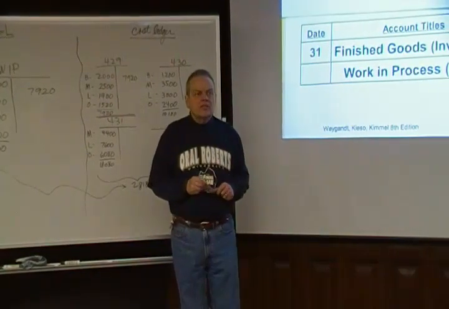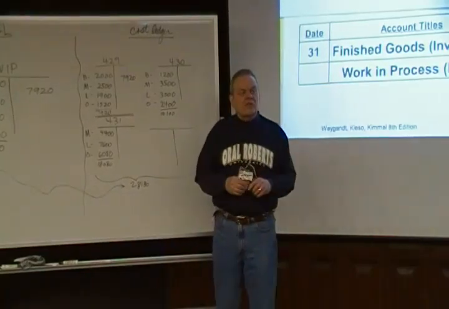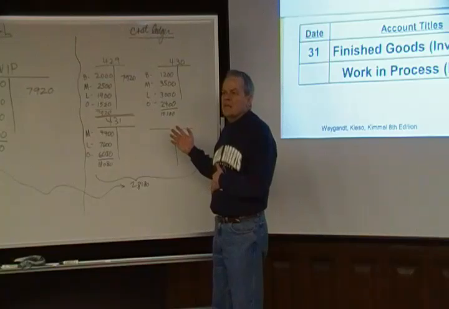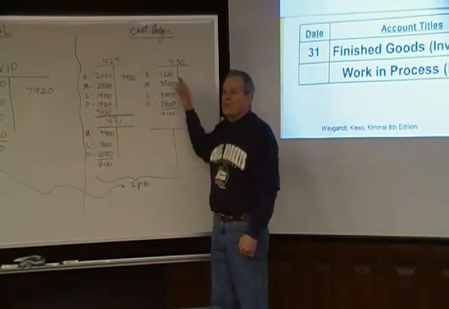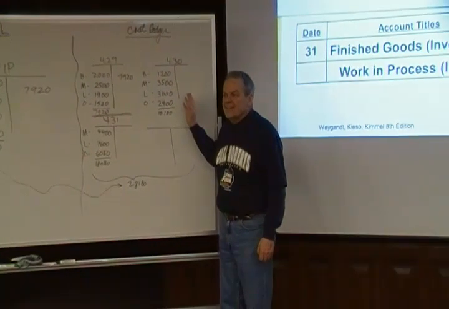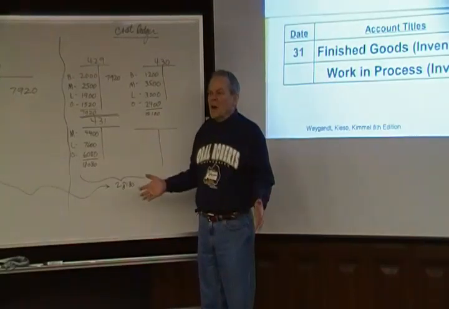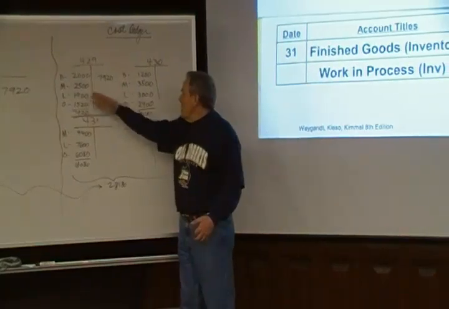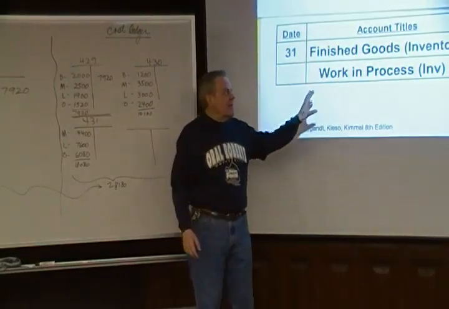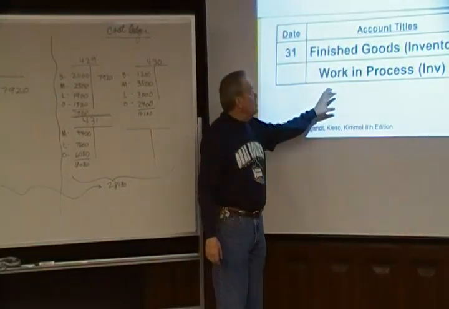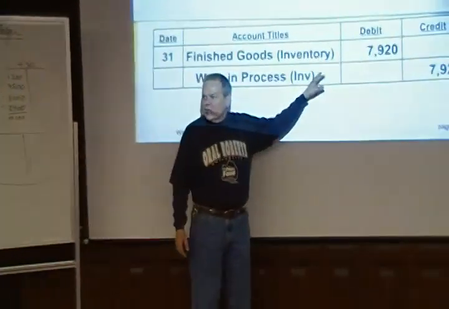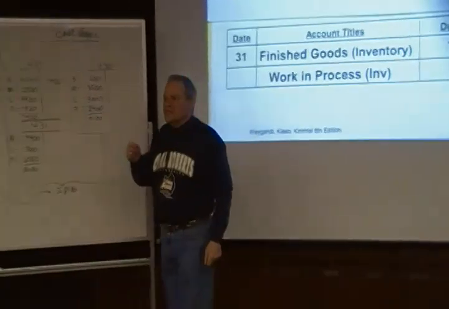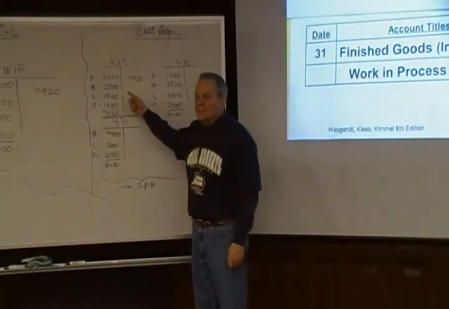This seems like a strange answer to your question, Jake, but I really believe it's the problem. Do you remember just moments ago when we read for the first time that job 429 was finished, and I walked over here and said, pretend that 429 and 430 were both finished? I think it would have been a better problem to say that two were finished. If we had summed the cost on these two jobs and made this entry for that, you wouldn't have wanted to put dash 429 on it. Do you see my point? The only reason you were tempted to do that was because there was just one job.